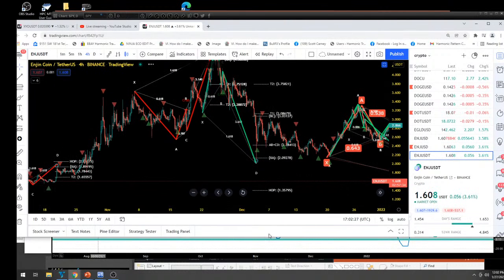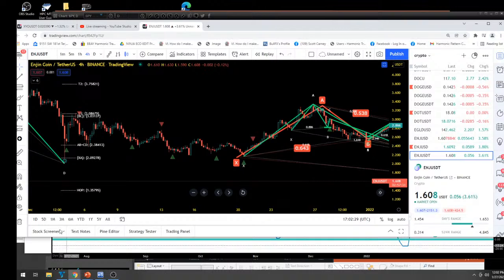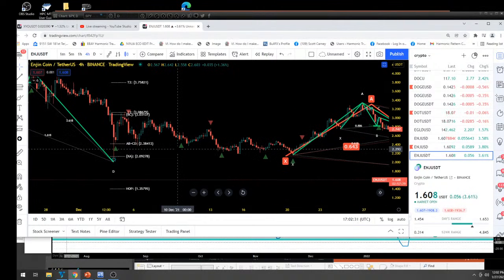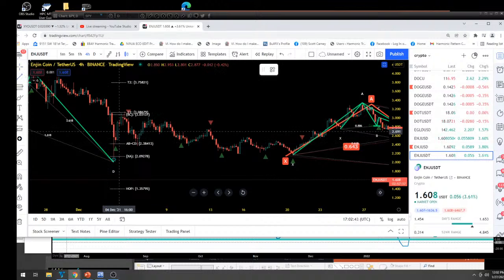Take a look at just the last crab on Engine Coin back from December. The software showed you the ABCD and XA levels, which again you can figure out over time. Take the time to get to know.